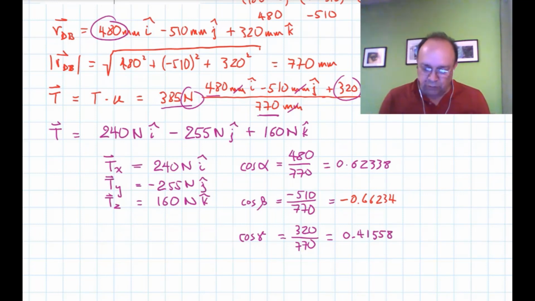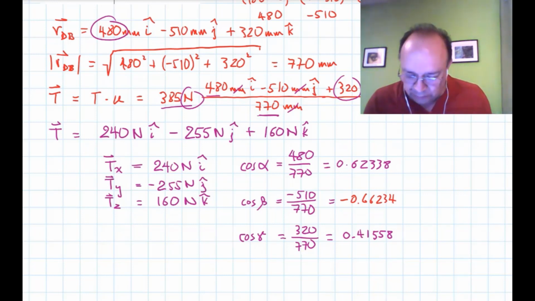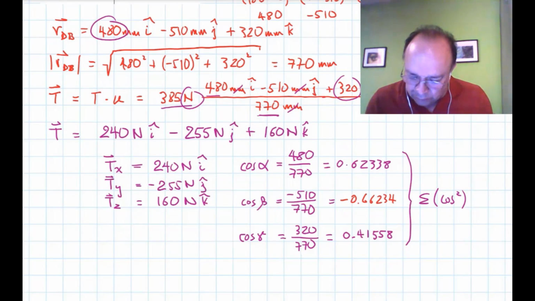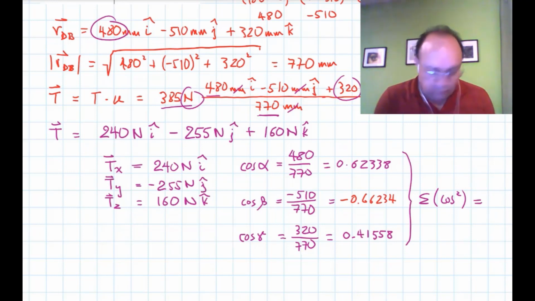It will be a good check to verify that if we add the squares of these cosines, we get a 1. So if we take the summation of these cosines squared, we should get a 1. Let's do it really quickly.